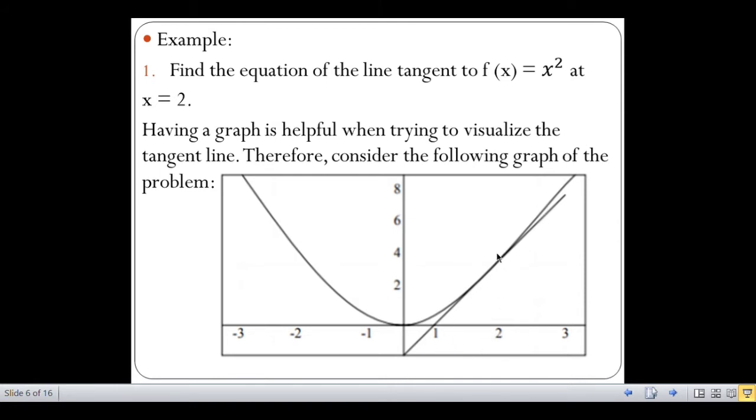So sa graph nyo or sa module nyo, lagyan nyo na lang po dito class ng point of intersection. Okay? And then, lagyan nyo po ng ganito yung parabola. Okay? Kasi yan yung intersection, yung nag-cross, yung point. Okay? So, pero ito yung line natin. So, ito yung final answer natin.